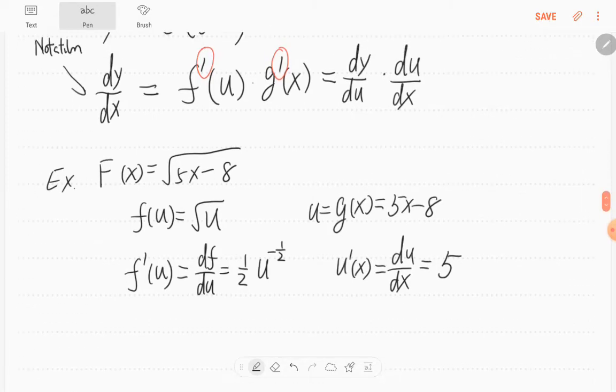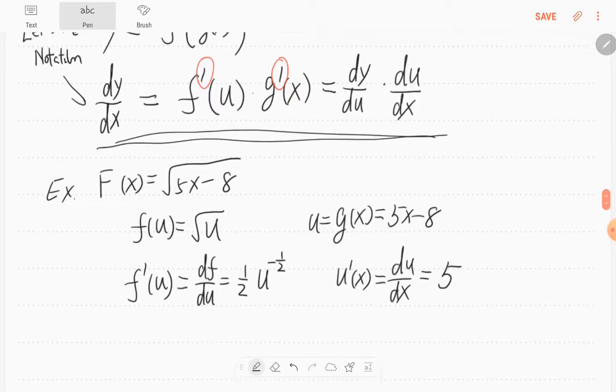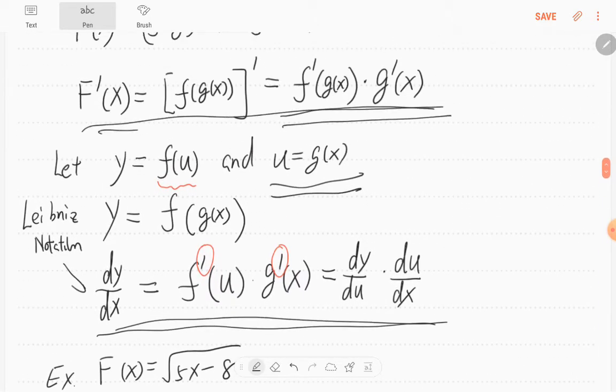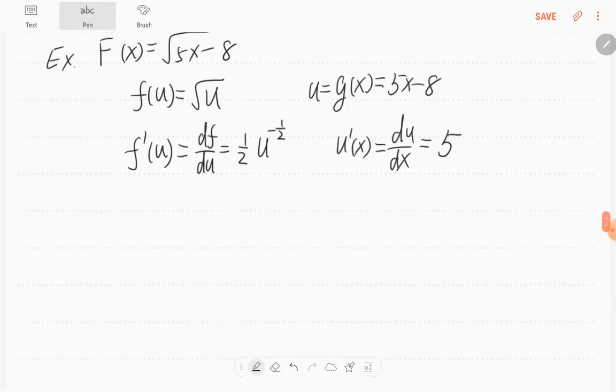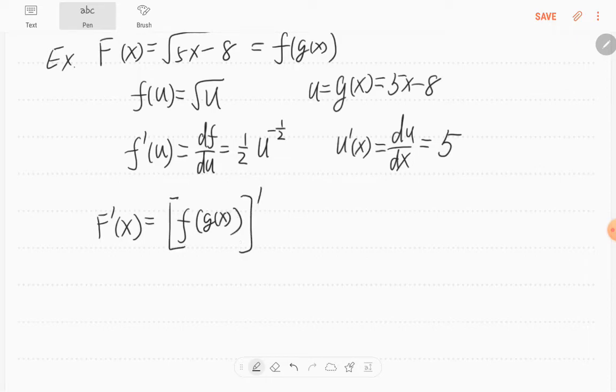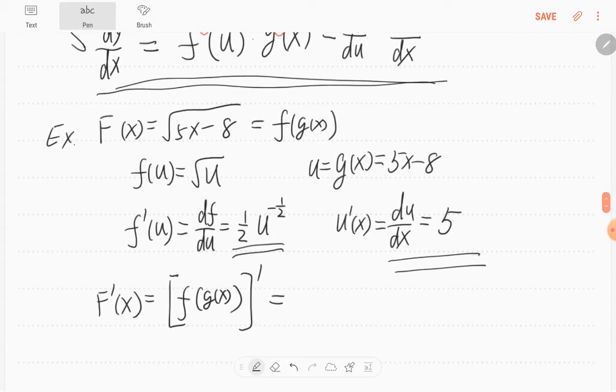So from the chain rule, the derivative of capital F, which is actually f of g, is by the result we have this one multiplied by this one: one half u to the negative one half times 5.